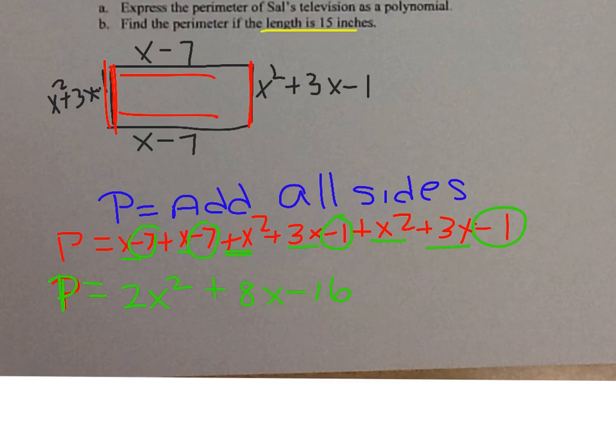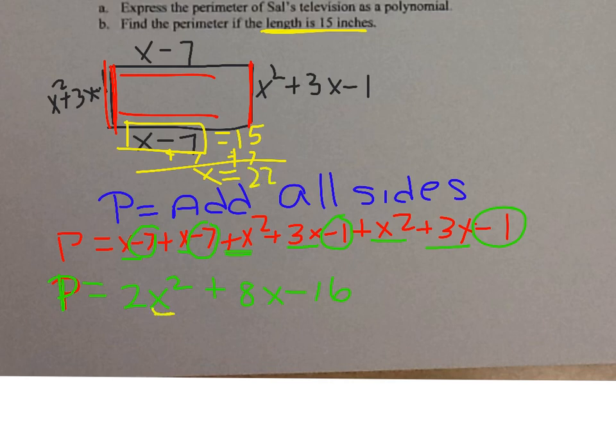Now it says the length is 15 inches. So this represents my length, so that has to equal 15. Add 7 to both sides to figure out what x is, so we could plug x into the perimeter. 15 plus 7 is 22. So now I know x is 22.